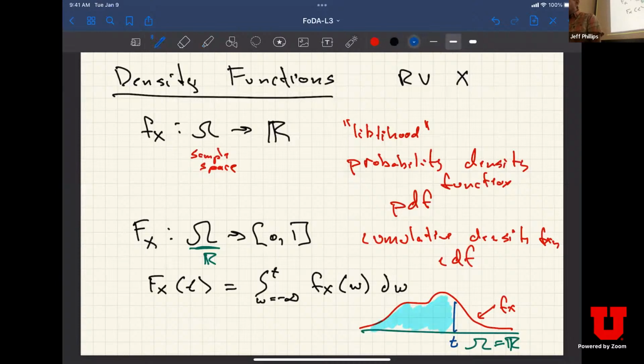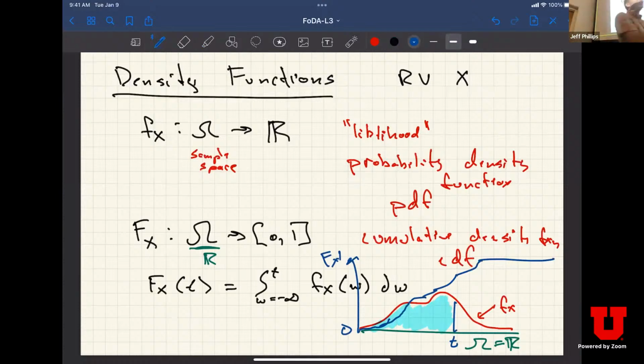And so this is going to give me a function, which is uppercase F of x, and it's going to go from 0 to 1. Okay, so I'll plot another example which is slightly better than this, but the integral up to this point is going to be the height of this blue curve here.